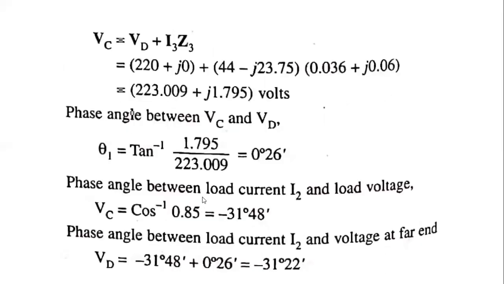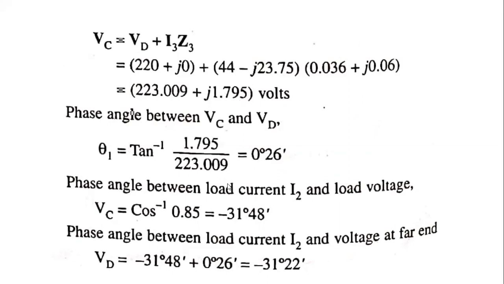VD value is plus j0 and theta 1 is equal to tan inverse of 1.79 by 223.